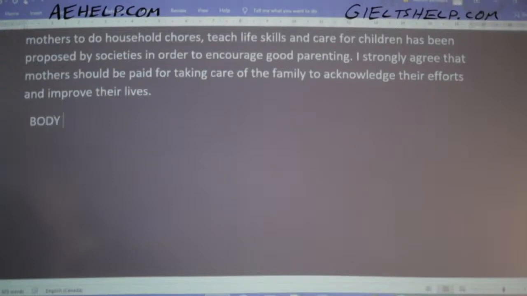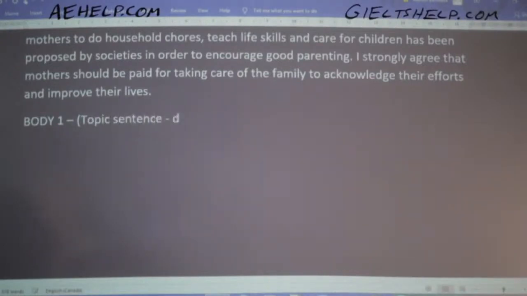So body 1 is dealing with paying mothers for motherhood, for parenting, to acknowledge their efforts. Okay, so first is your topic sentence.